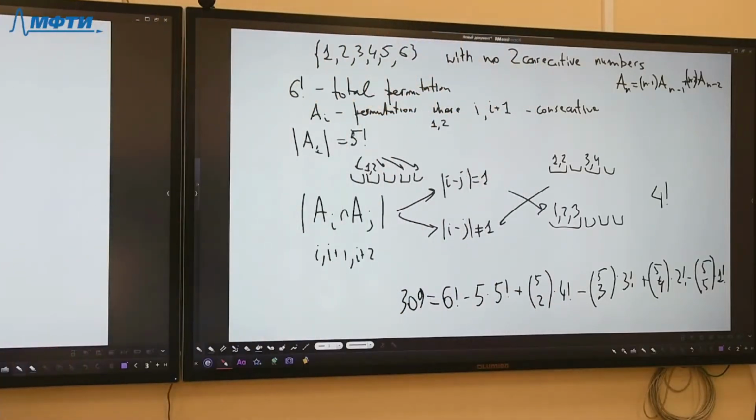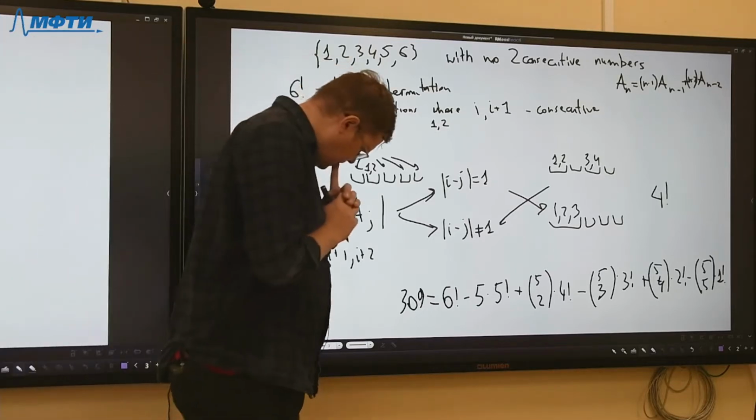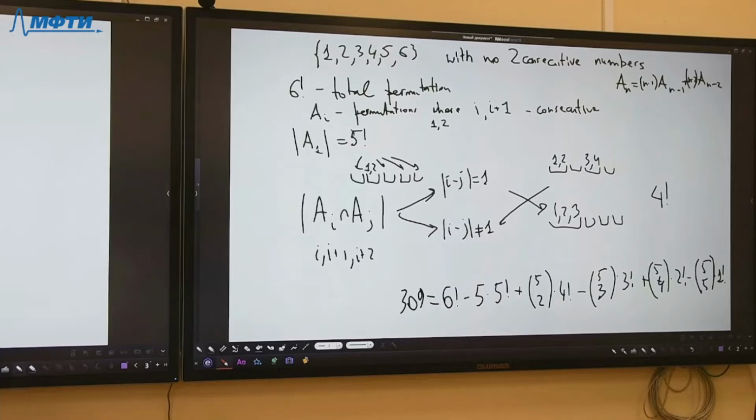Okay, how do you get it? Why do you have such a number? How to get this formula?